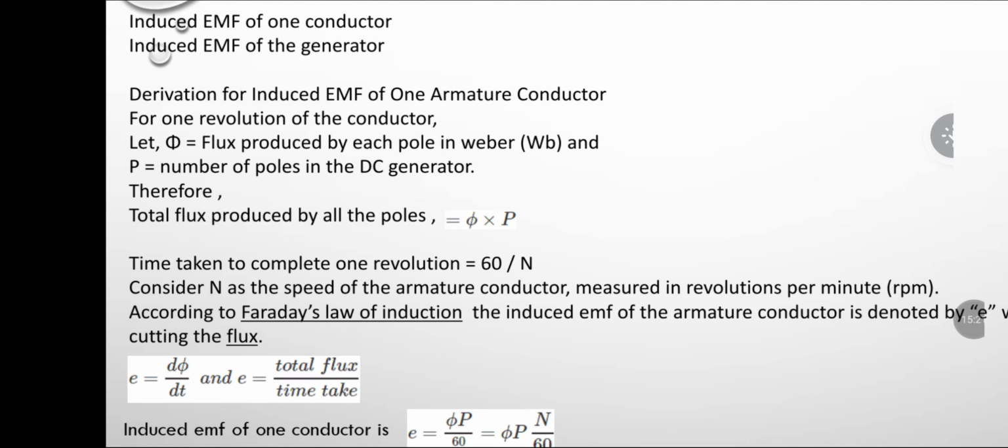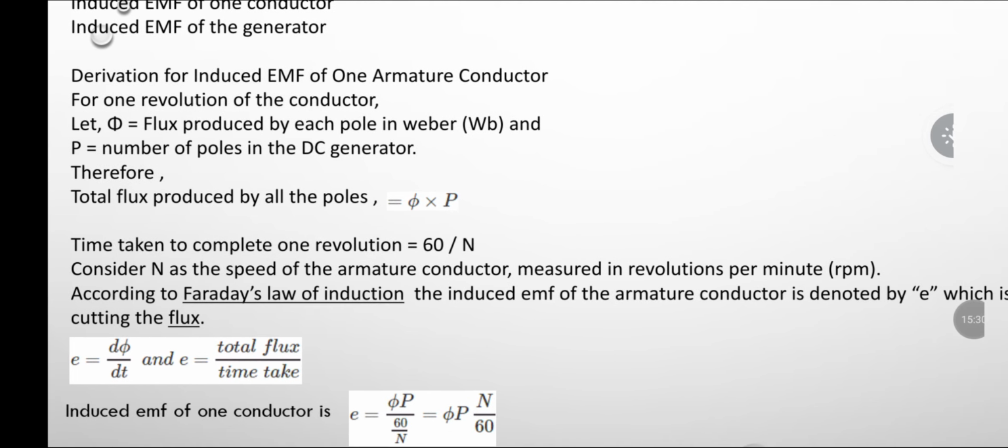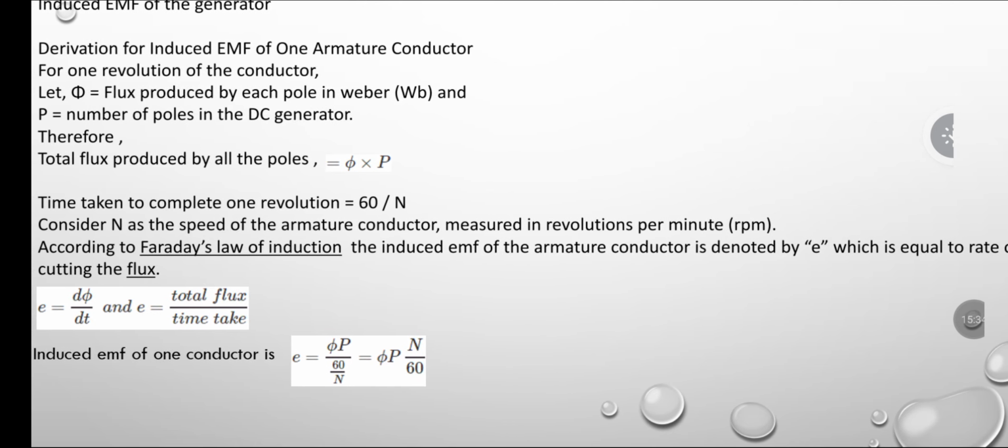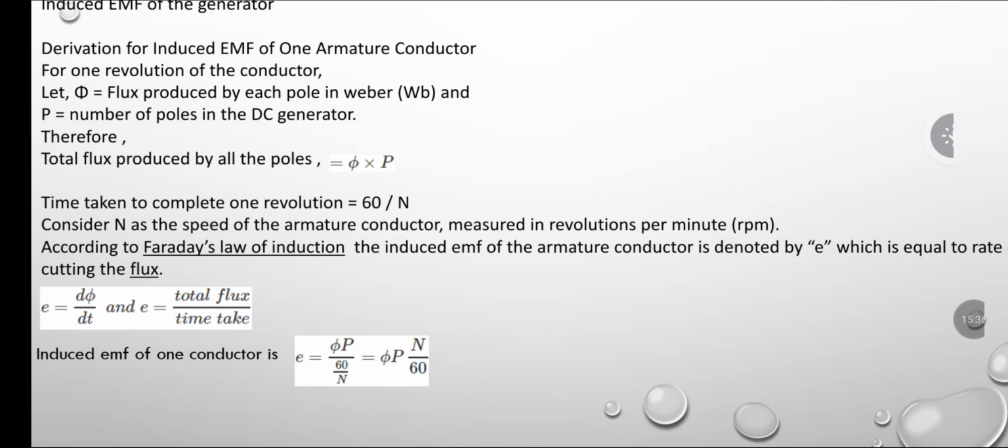According to Faraday's law of electromagnetic induction, the induced EMF of the armature conductor, denoted by E, is equal to the rate of cutting flux. So E is equal to change of flux with respect to change of time, that is, total flux upon time taken.